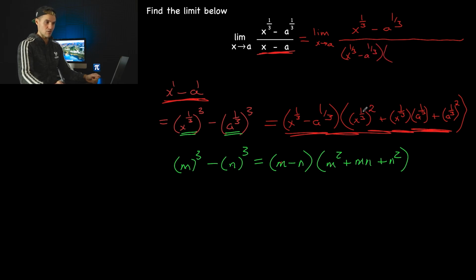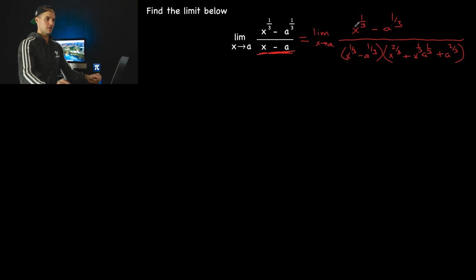The 1/3 times 2 is just going to be x to the power 2/3, plus, this we can't really simplify because they're different bases, so let's keep them separate for now, x to the power 1/3 times a to the power 1/3, and then a to the power of 2/3.